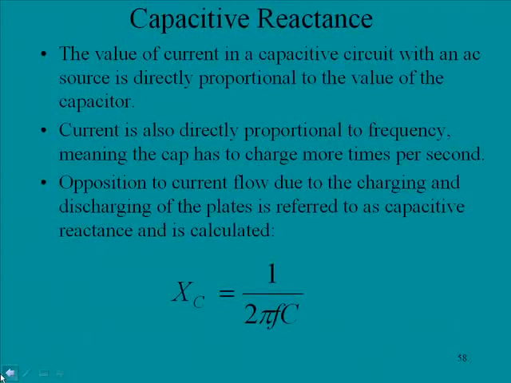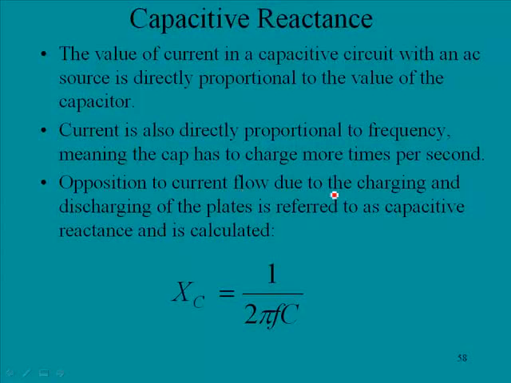Okay, capacitive reactance. The value of current in a capacitive circuit with an AC source is directly proportional to the value of the capacitor. Current is also directly proportional to frequency, meaning the cap has to charge more times per second.